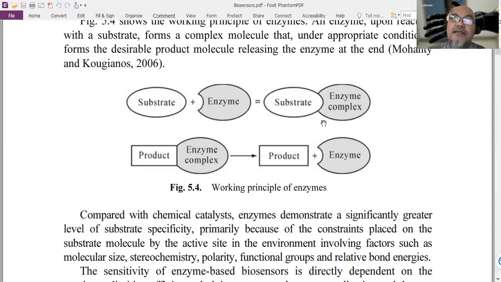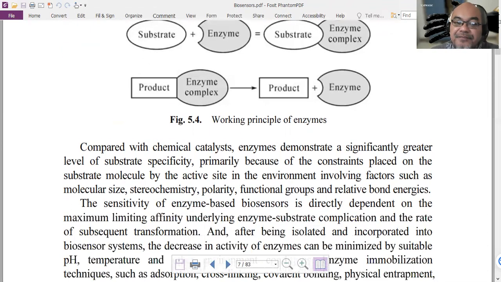Without the enzyme catalyst, the reaction between the substrates usually takes a longer time. So the enzyme functions as a catalyst to make the reaction faster between the different substrates and reagents to make the product. At the end of the reaction, the enzyme can stand on itself and react with a new substrate. It works reversibly.